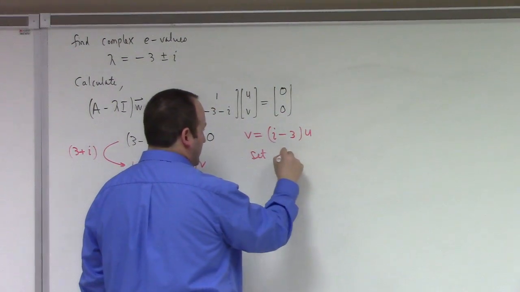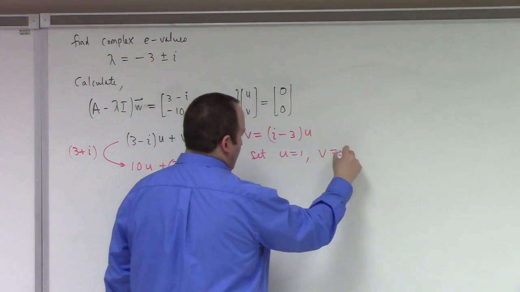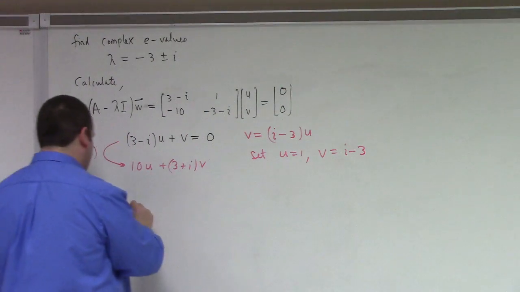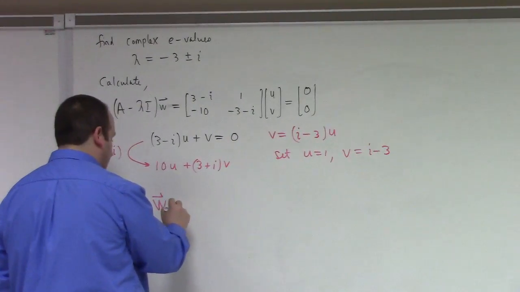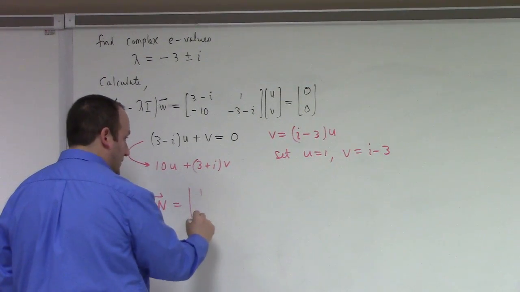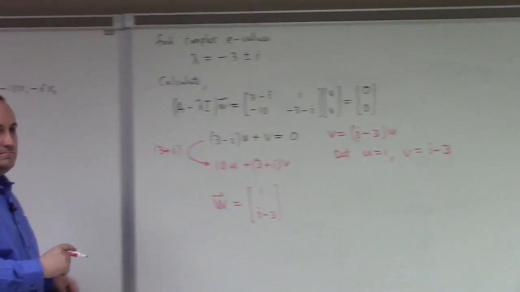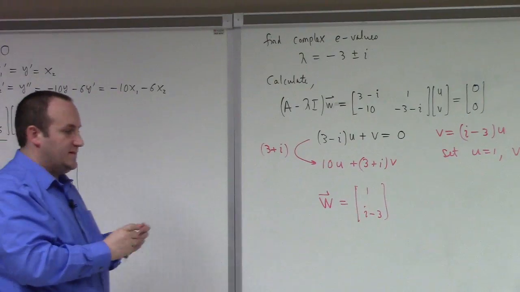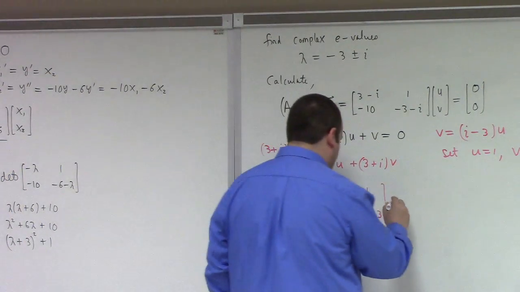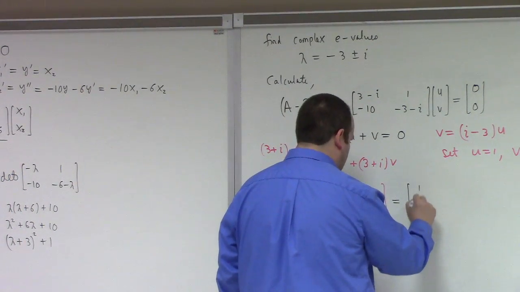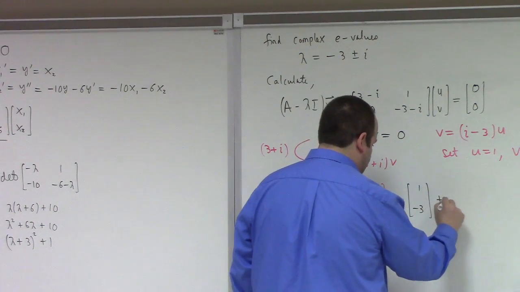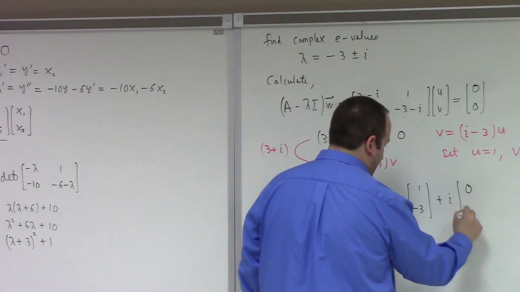You set u equals 1, then v is equal to i minus 3. Pick your poison. Anyway, the vector w is equal to [1, i minus 3]. I would point out that you can rewrite this complex eigenvector as [1, minus 3] plus i times [0, 1].